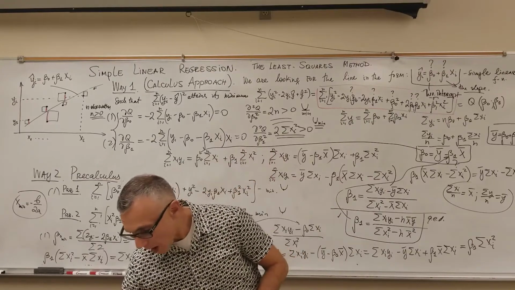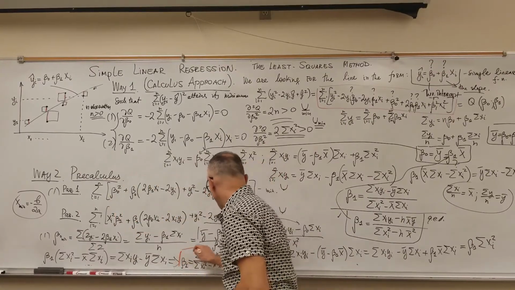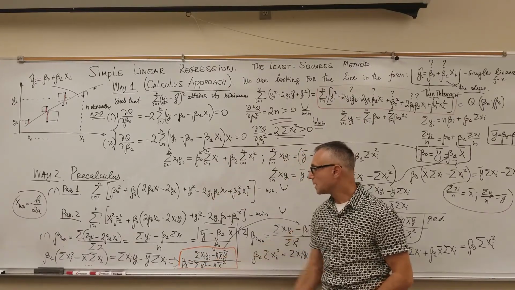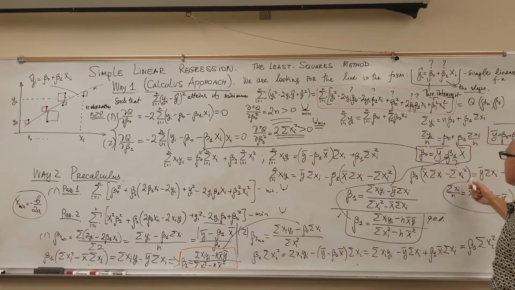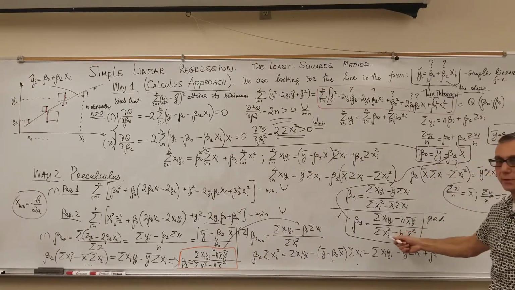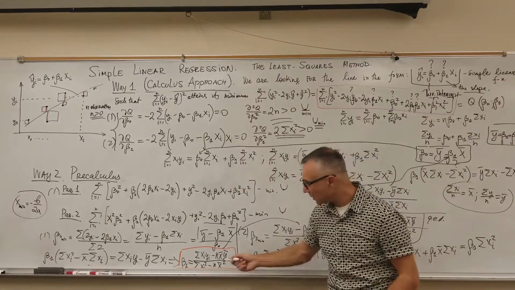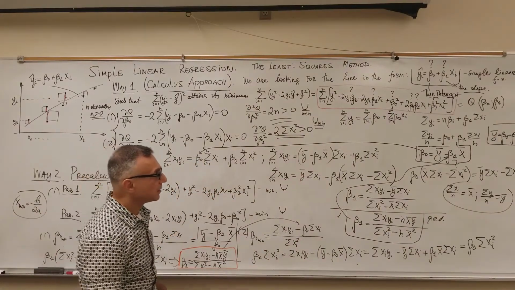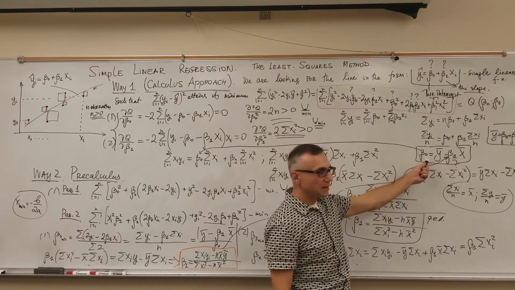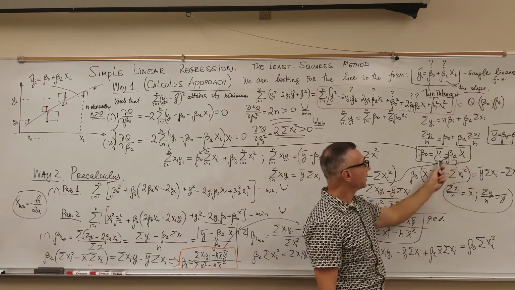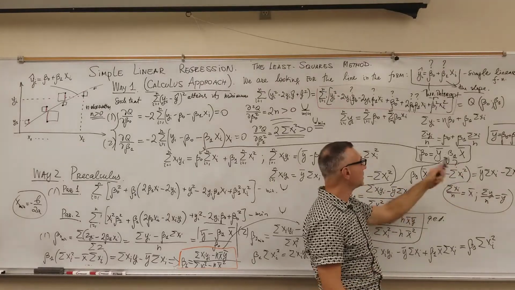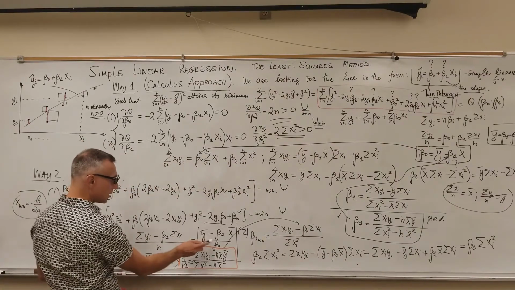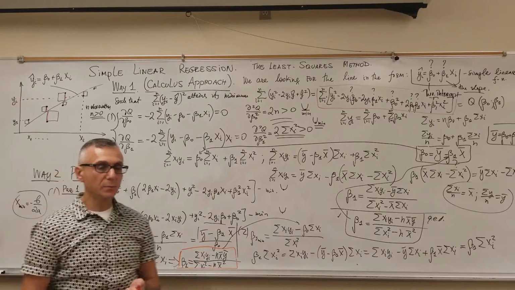And here we have arrived at the formula for our slope, beta 1, the same as this beta 1 using the calculus approach. And this is the precalculus approach. These are the same results. And beta 0 is easy. Once we know beta 1, plug it in, calculate y bar, x bar, easy to calculate beta 0. And the same formula for beta 0 is here, as when I was using the precalculus approach.